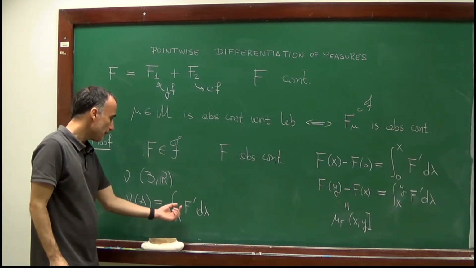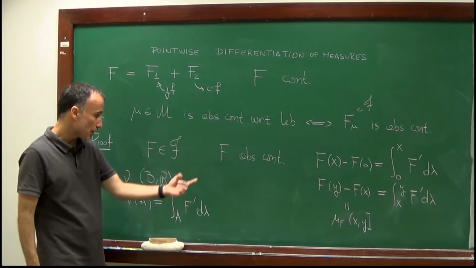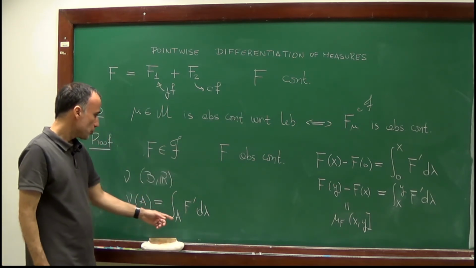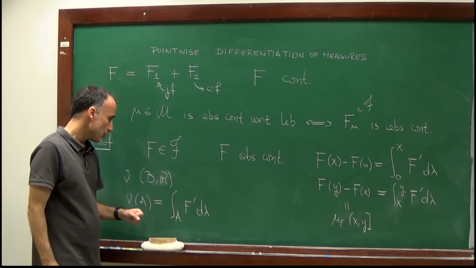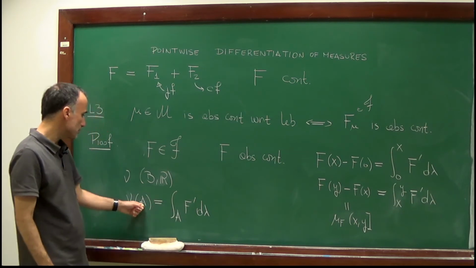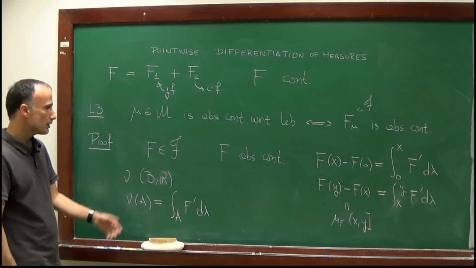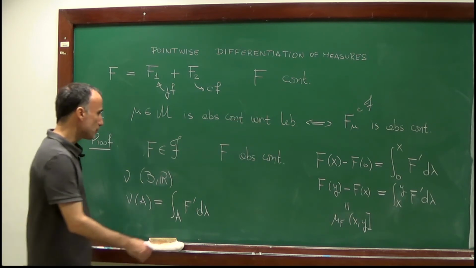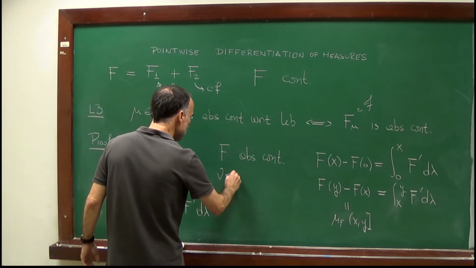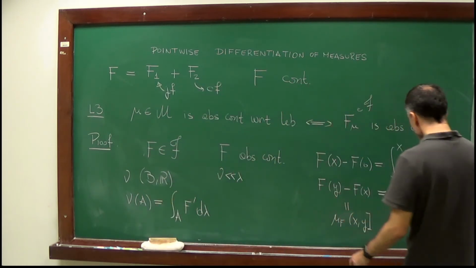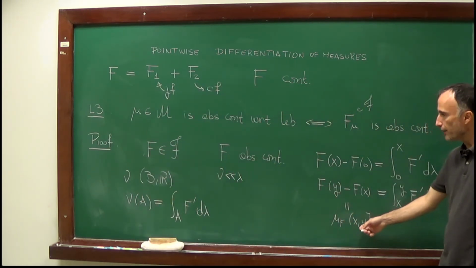Because this function f prime is integrable over finite intervals. So if I take a set A which has Lebesgue measure 0, this integral is equal to 0, and this shows that nu is absolutely continuous with respect to Lebesgue, and nu and mu_f coincide on the intervals (x,y].